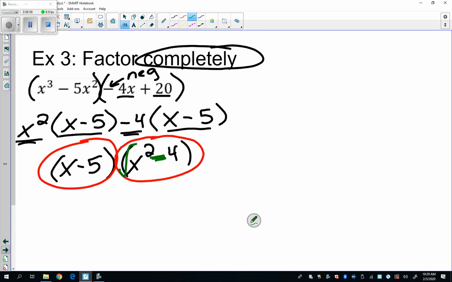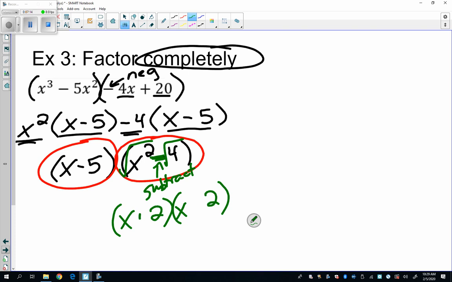The square root of x squared is x. The square root of 4 is 2. One of the operations is addition, one subtraction. So x squared minus 4 actually gets factored into x plus 2 times x minus 2. And then we have the x minus 5 that will come down.